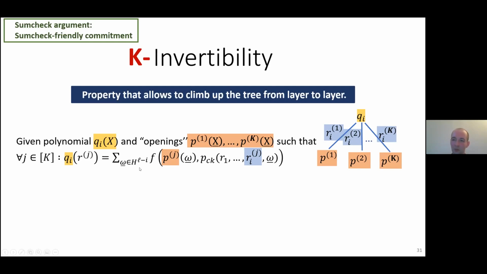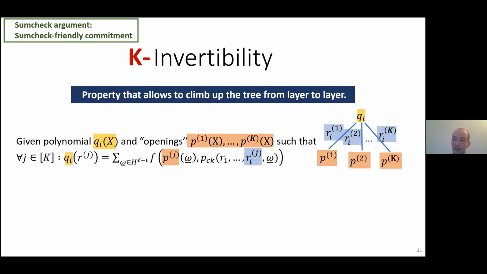And what we mean by openings in this case is that we've got some smaller polynomials, p1 up to pk, which satisfy a kind of sumcheck relation, which is related to the one used to compute the individual commitments, just with randomness in a few of the positions, instead of summing over every single variable.